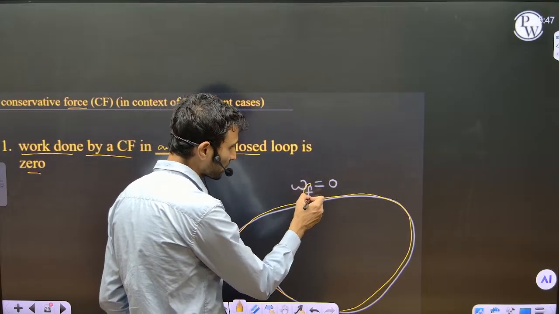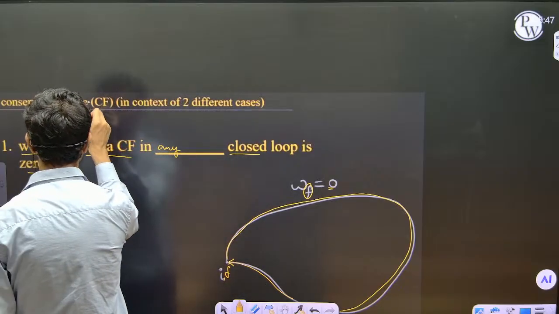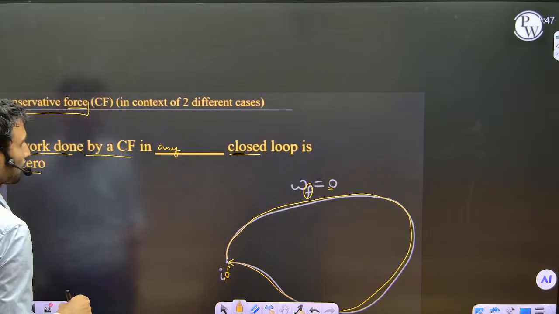If the work done by such a force is zero, it is called a conservative force. Right?